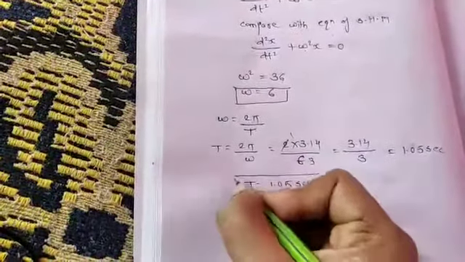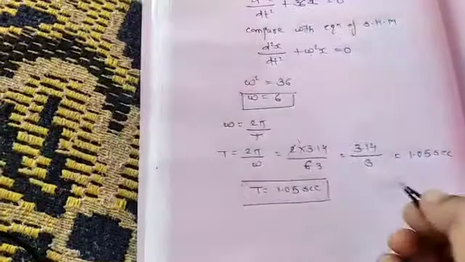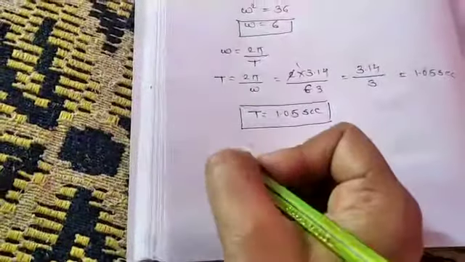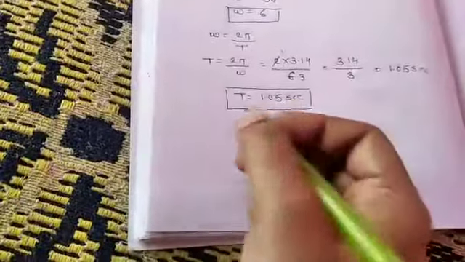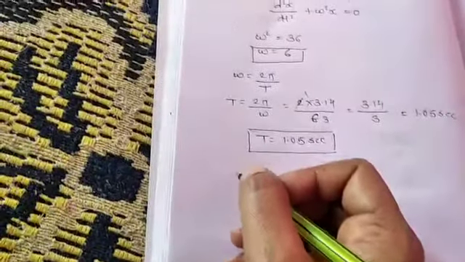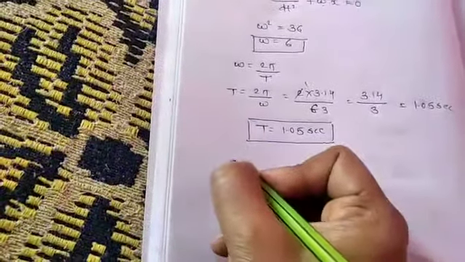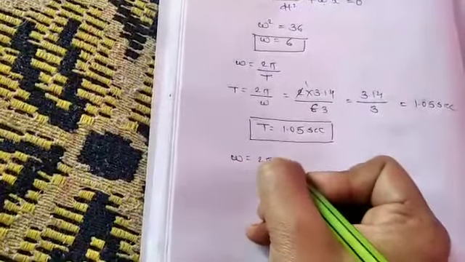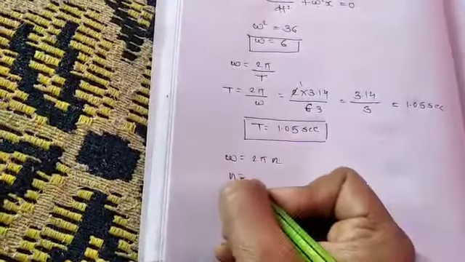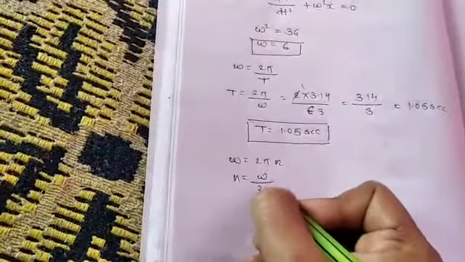Next we have to find the frequency. We know that frequency is nothing but the reciprocal of period. Or we can use the formula omega is equal to 2 pi n, that is n is equal to omega upon 2 pi.